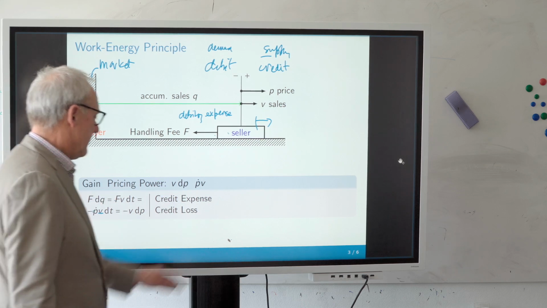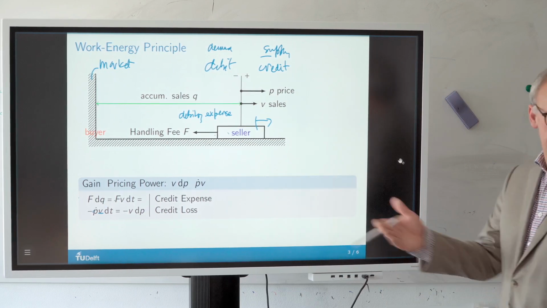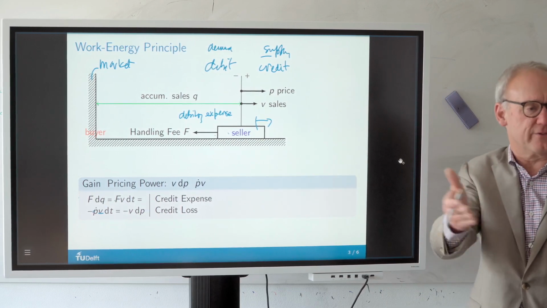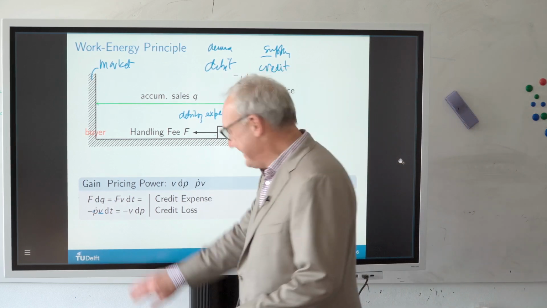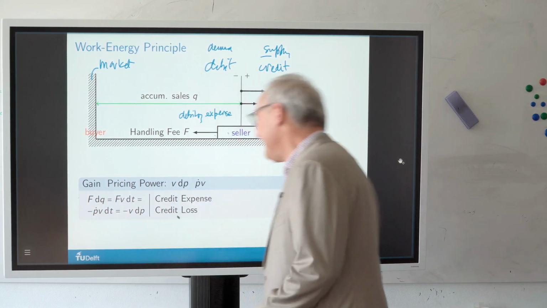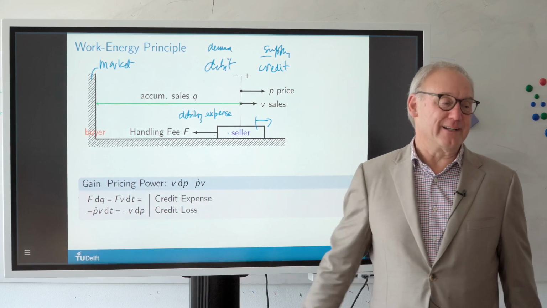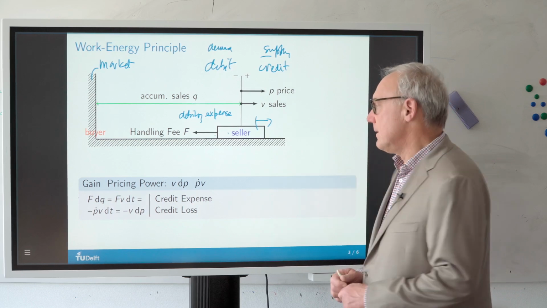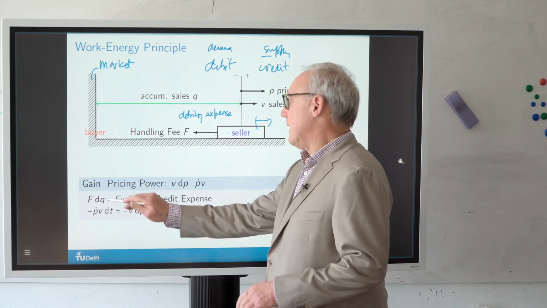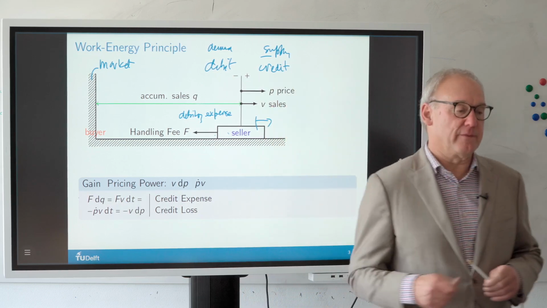I get irritated myself because I get confused about the things that I'm telling you not to be confused about, okay? But anyway, this is correct. So he has to take a loss on the sale to pay for the handling fees. All right, that's the point. So the losses are equal to the expense, the regular expense.